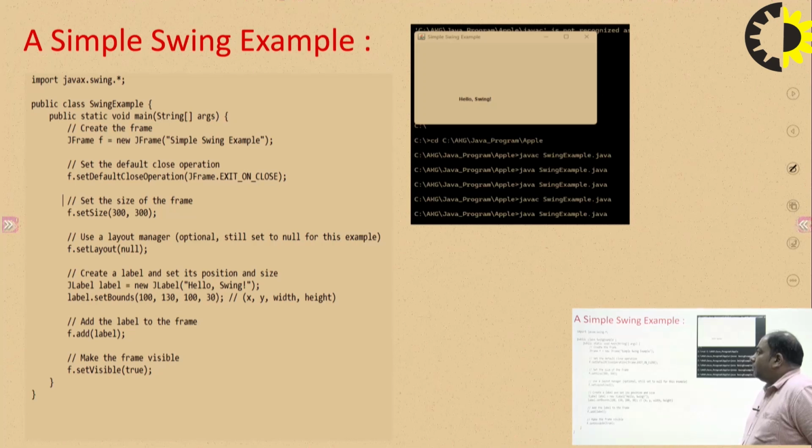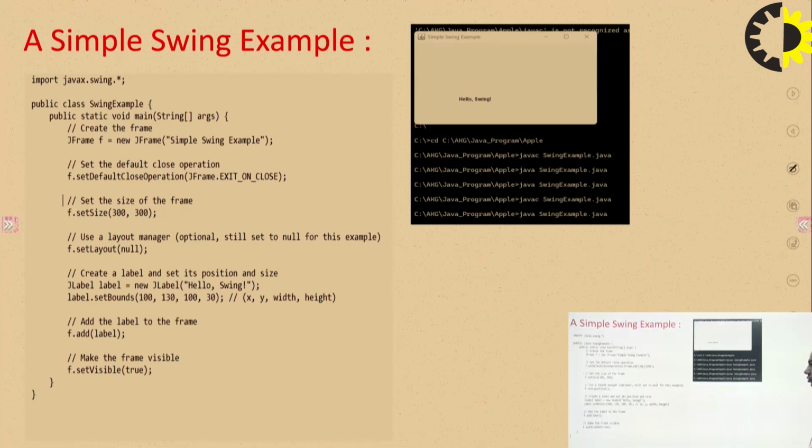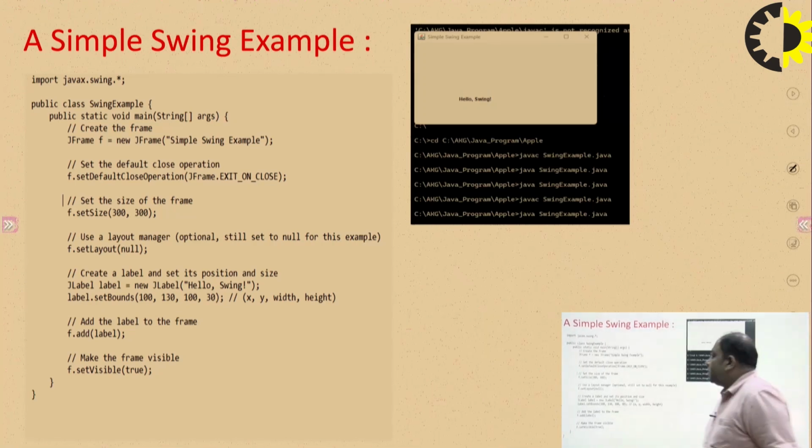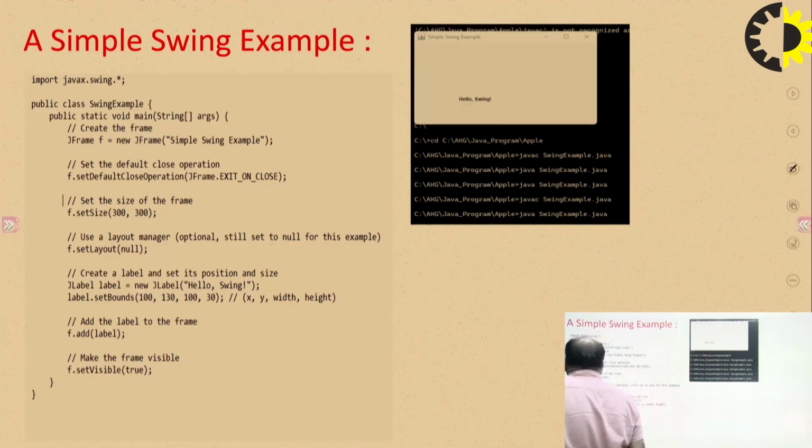So this is the common example I am using for Swing, in which we import the javax.swing package. It is a program in which we write some simple text and show it in a JFrame using Swing programming.